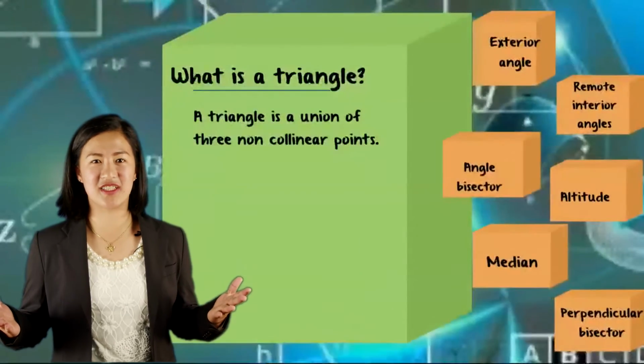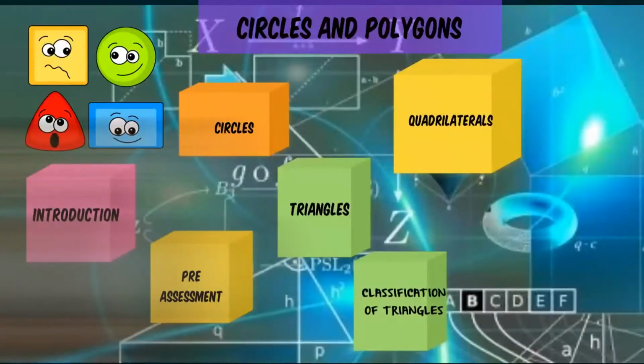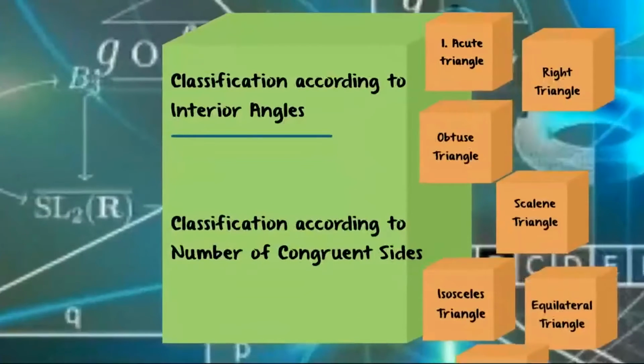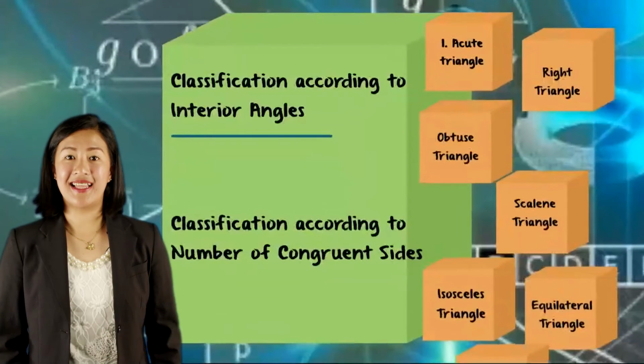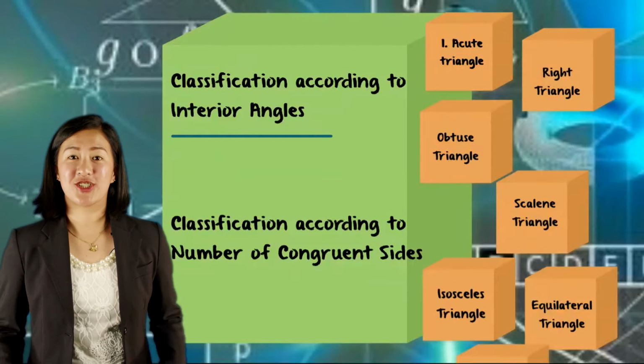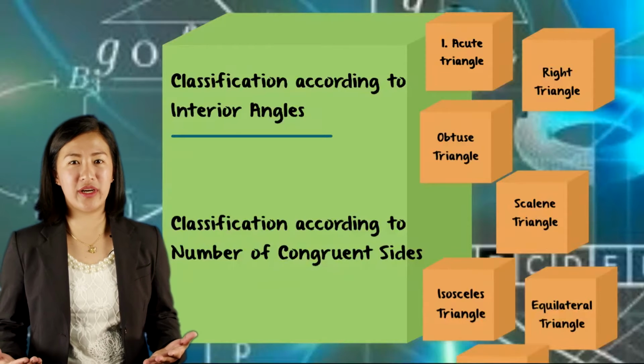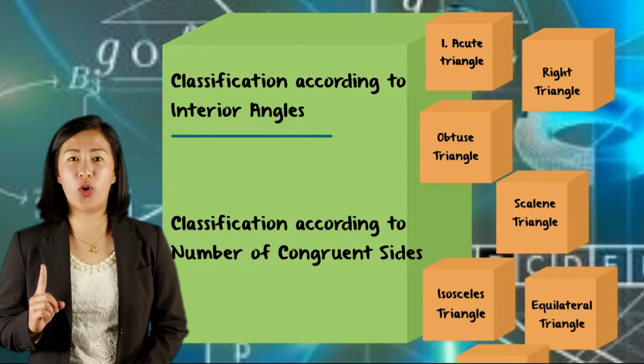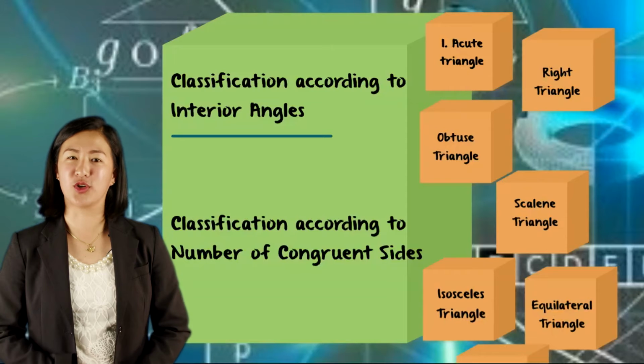These are the properties of triangles. Let us now continue on the classification of triangles. Triangles can be classified according to interior angles or according to the number of congruent sides.